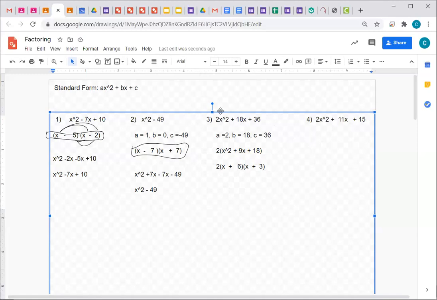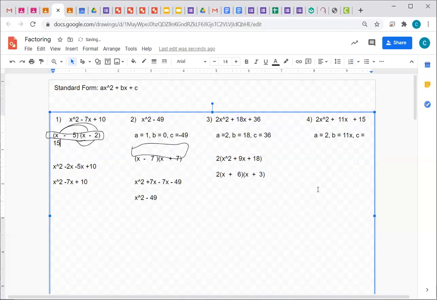So first you check if you can factor out the a term. But notice here, the a term is 2. But we cannot factor it out. And c equals 15, right?